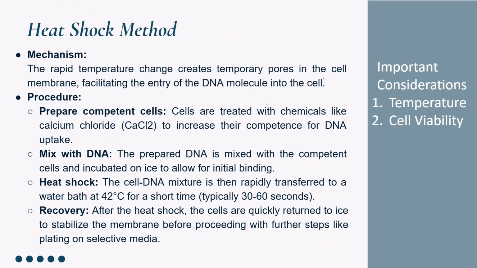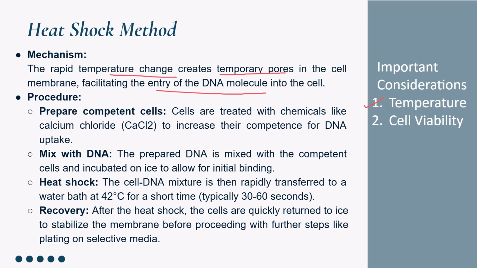Now let's move to the heat shock method. So here the mechanism is the rapid temperature change will create temporary pores on the cell membrane, facilitating the entry of genetic material into the cell. So important considerations are temperature and cell viability. See, if the temperature is too high or too low, it may affect the cell.